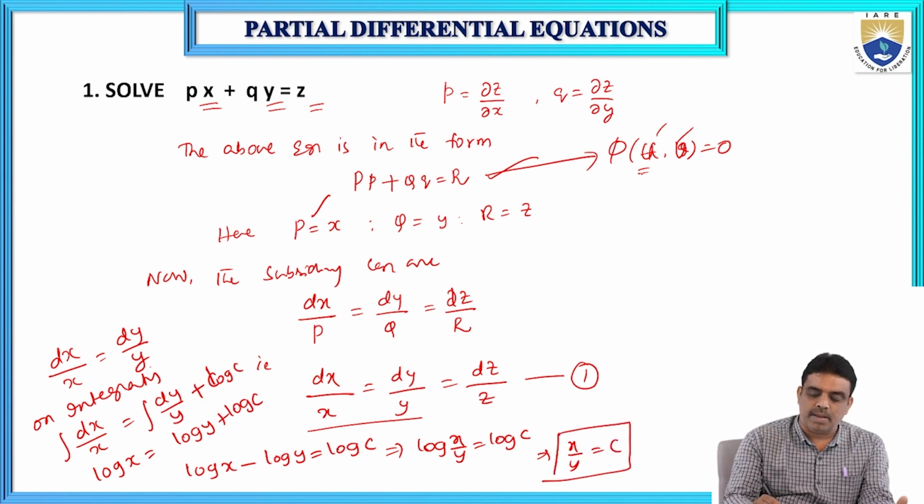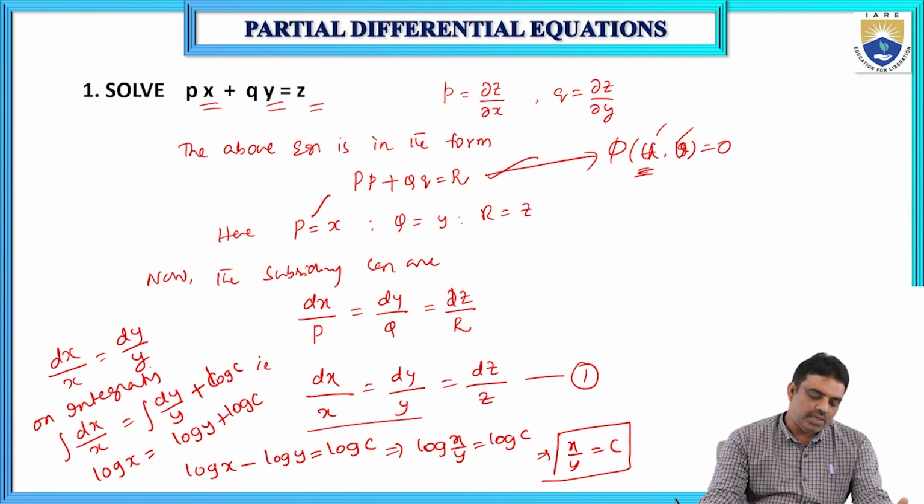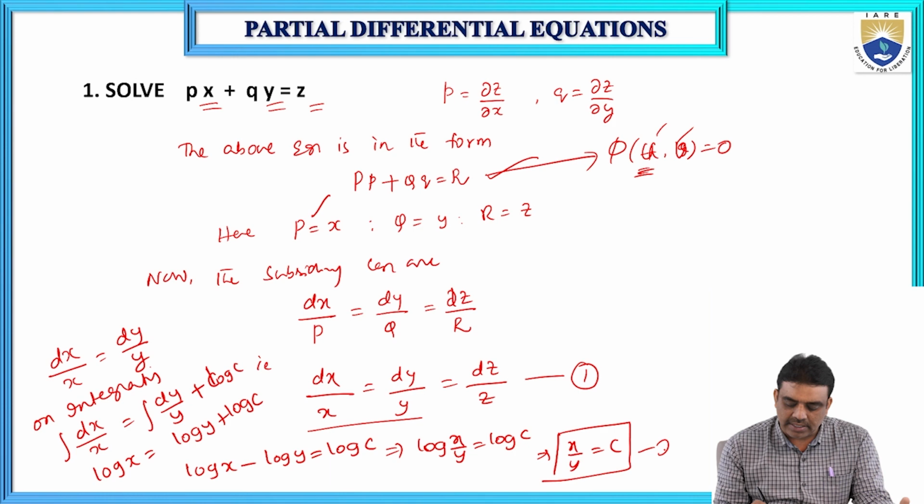This is u(x, y, z), the first value of the solution, and we call this equation number 2.